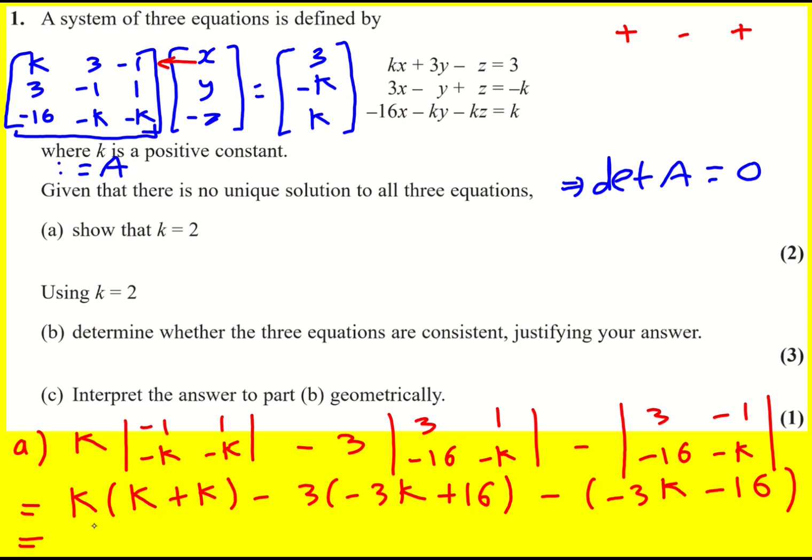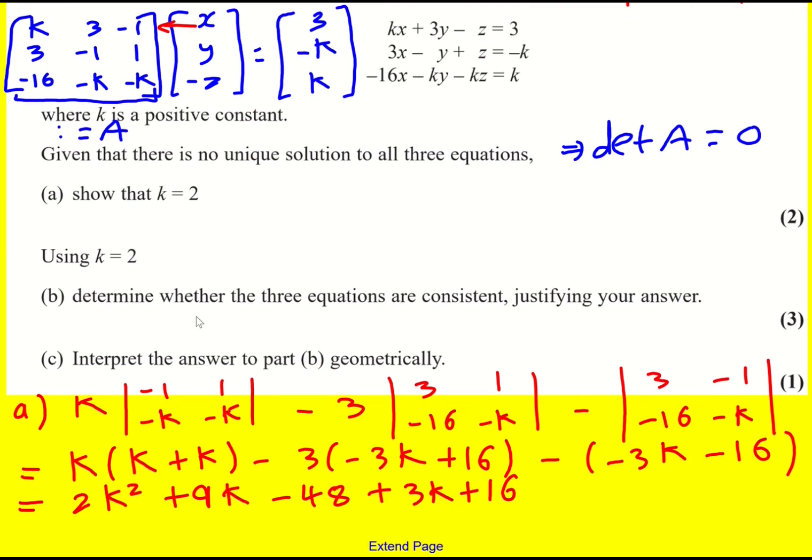This is going to give me k times 2k, so 2k squared, then plus 9k minus 48 plus 3k plus 16. This gives 2k squared plus 12k minus 32.